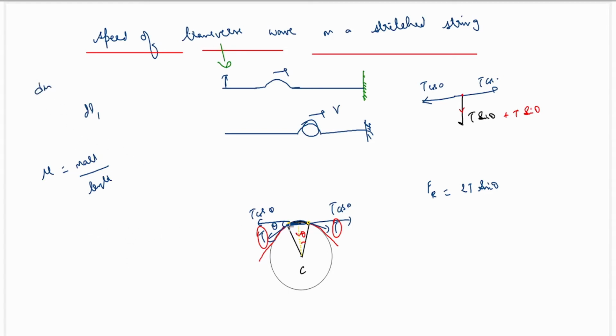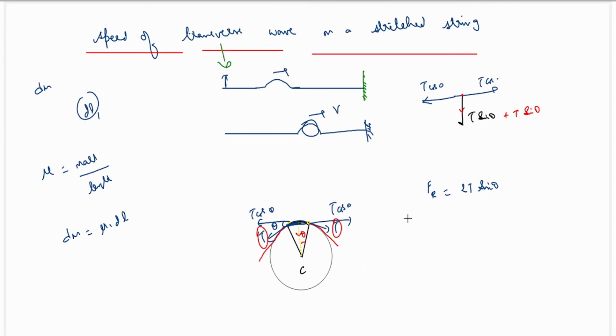Therefore, for the small element, the mass dm would be mu into length. So dm becomes mu into dl, the length as seen here. Mu into dl is the mass in this part.